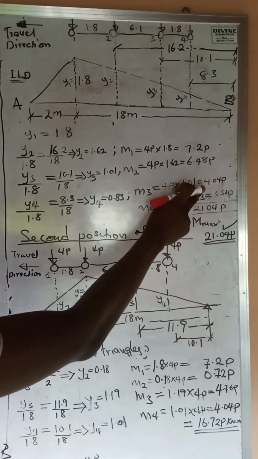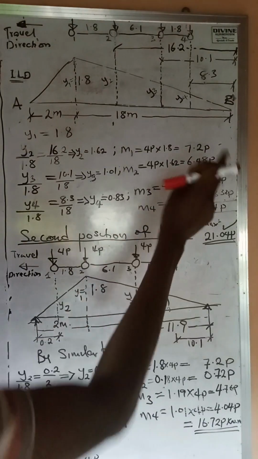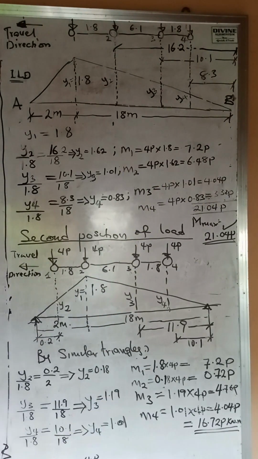That gives us 3.33p. Now, having gotten these various moments, let's sum it up. If we sum it up, we are going to have 21.04p kilonewton meters as the moment due to this arrangement.